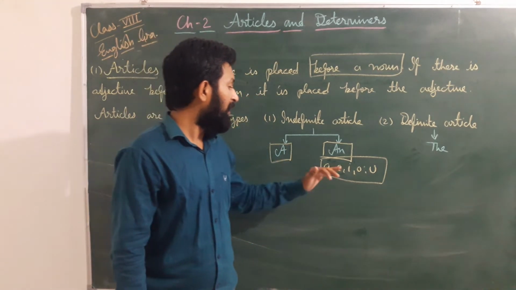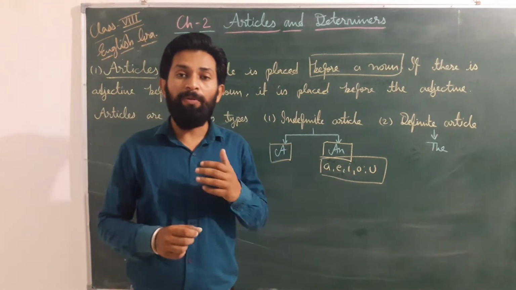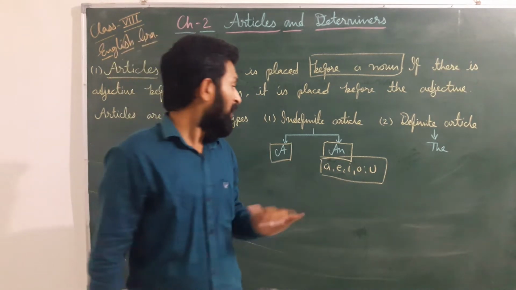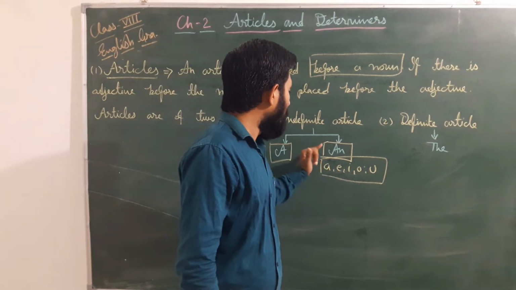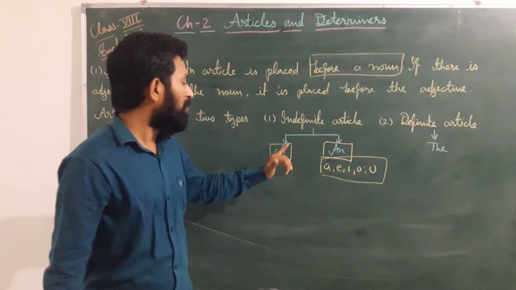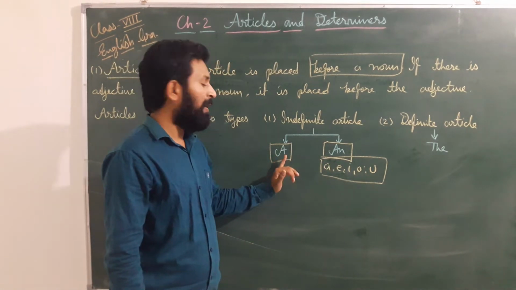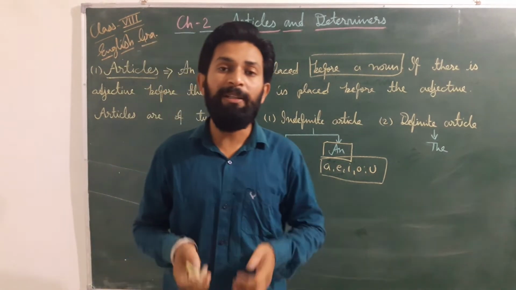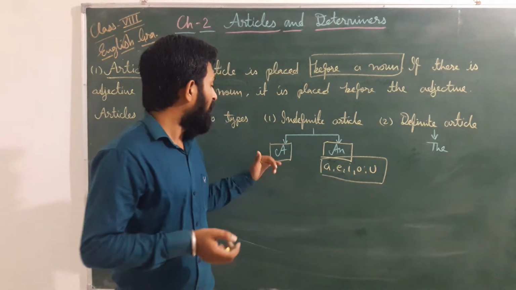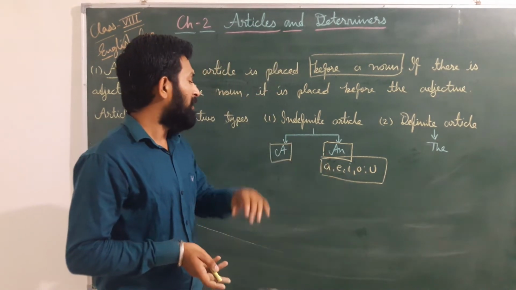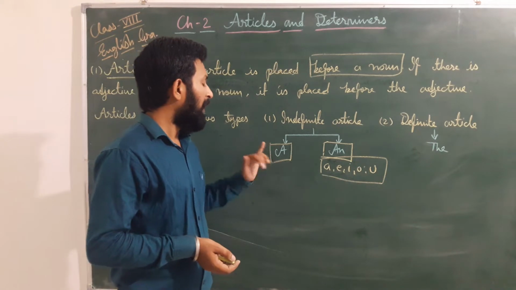Because of that, in this chapter you have to go by the pronunciation. If the pronunciation starts with a vowel sound, then you can use an, otherwise you have to use a. If the first sound of the word is like a vowel, then you have to use an. If it starts with a consonant sound, then you have to use a.